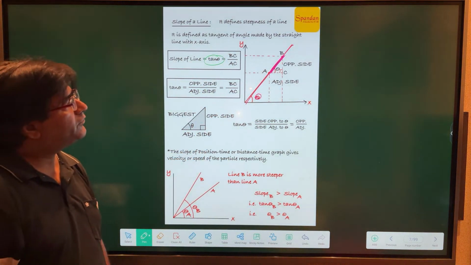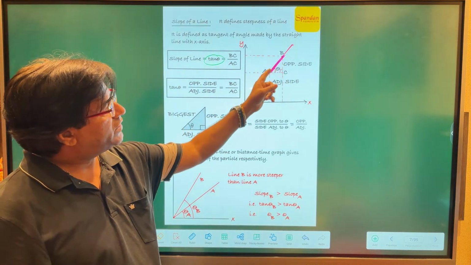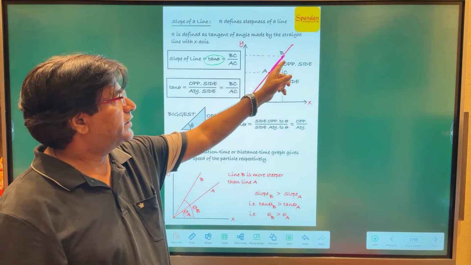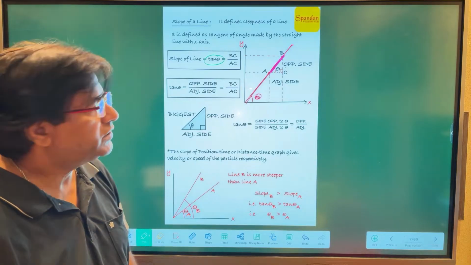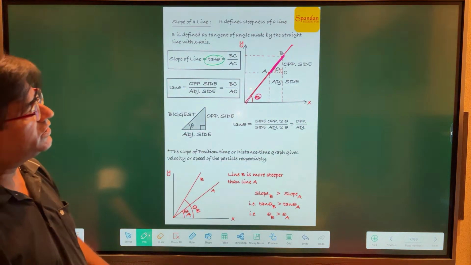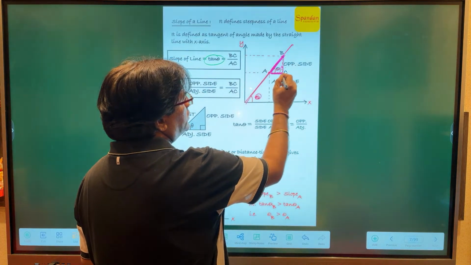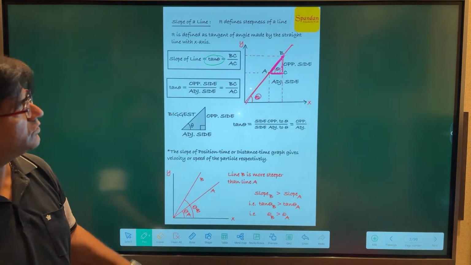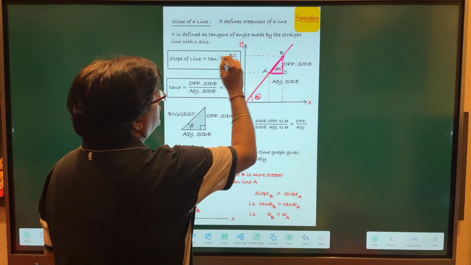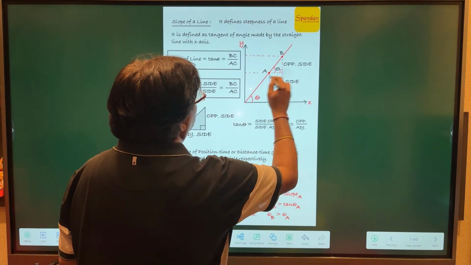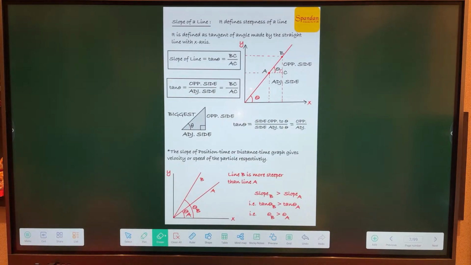Now this tan theta in the figure is the ratio of the opposite side to the adjacent side, that is perpendicular by base, P by B, right? So P by B हम लोग पढ़ते हैं, right? So BC by AC. Here the side opposite to theta is BC and the side adjacent to theta is AC. So we say BC by AC. So this is the slope of the line, tan theta. Understand? Yes. Right.